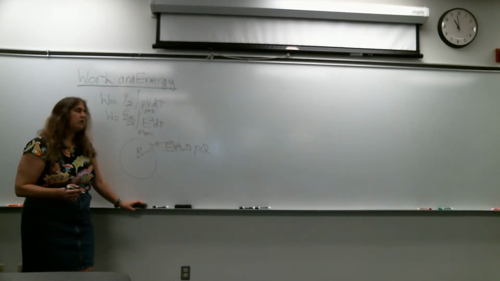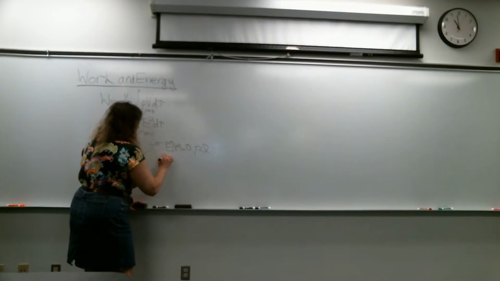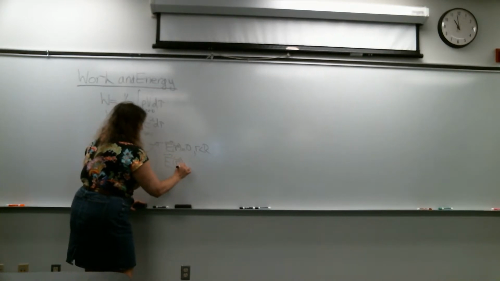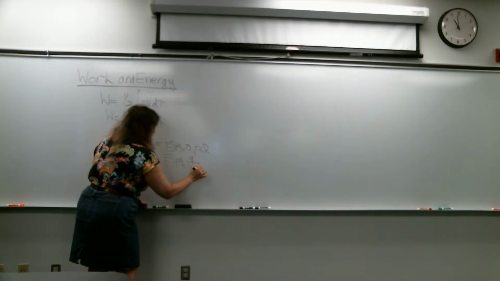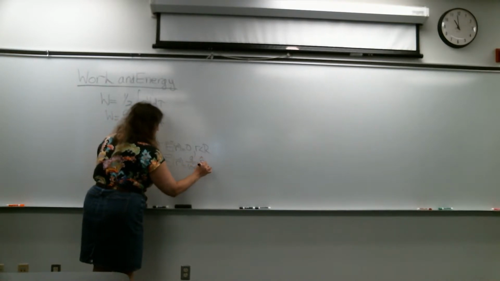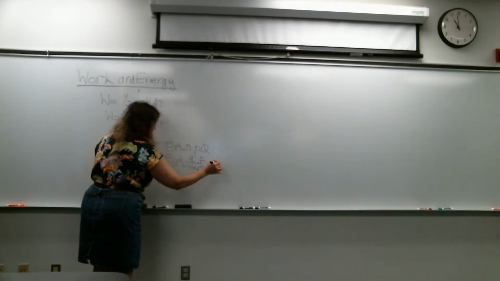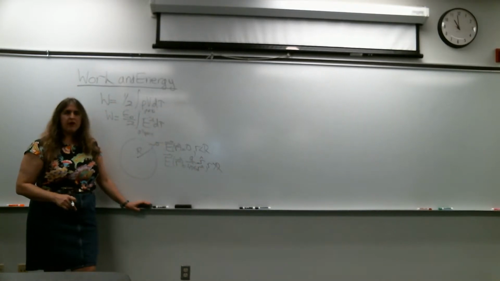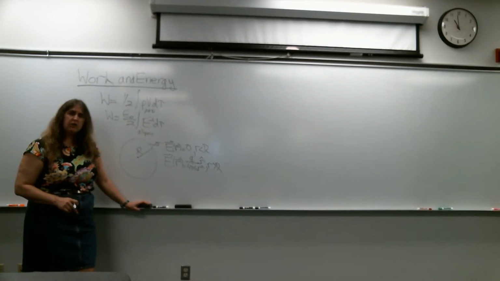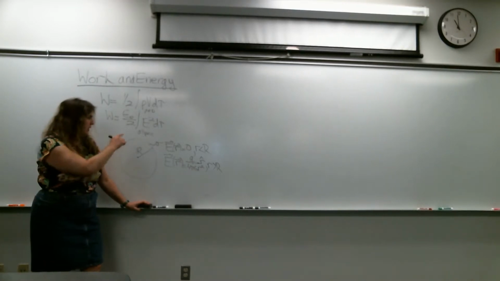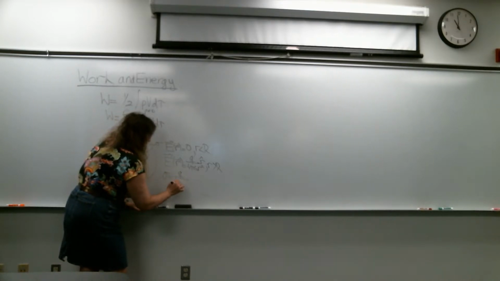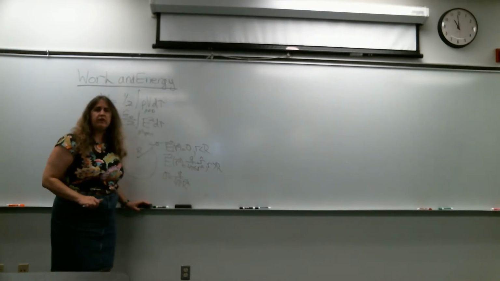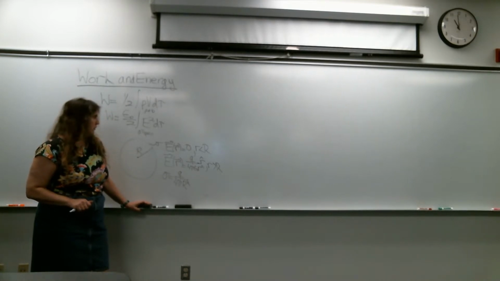Now, for r greater than the radius, we have q over 4 pi epsilon naught r squared in the radial direction. And sigma is just equal to q over 4 pi r squared.